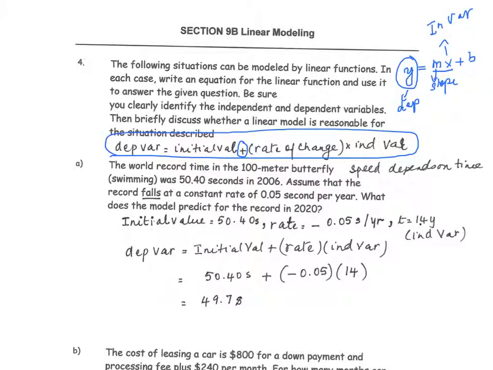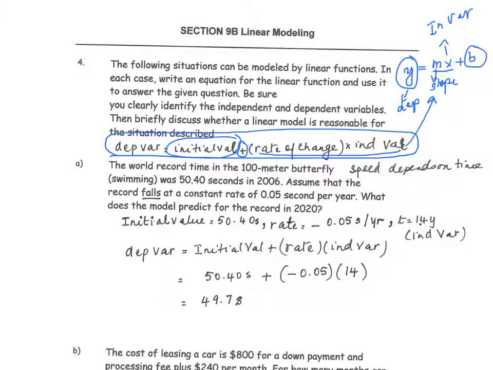So the rate of change times the independent variable is the term mx, plus the initial value, which is the y-intercept. So the equation is just y equals mx plus b. It's just written a little differently in the form of word descriptions rather than a mathematical description.